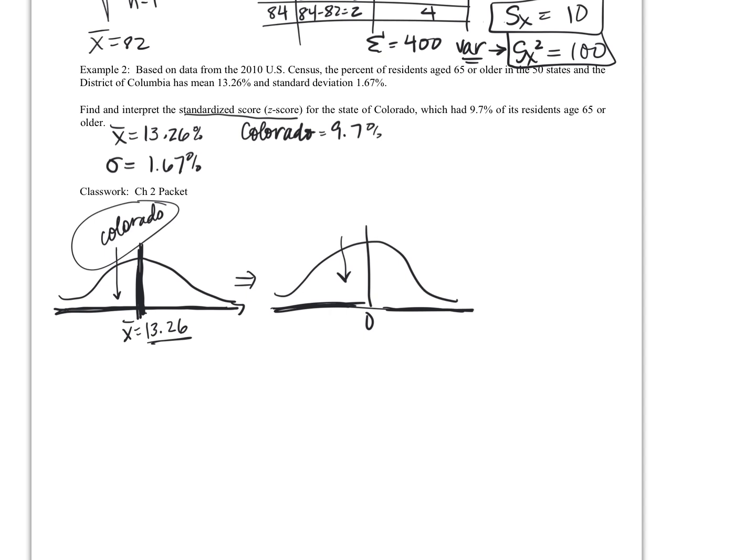We're going to use this formula to figure out how many standard deviations from the mean it is. So how do we do that? Well, that's this formula right here. It will be the observation, in this case Colorado, minus the mean, divided by the standard deviation. So we take that 9.7 and subtract the 13.26. Do that first, and then divide by 1.67.